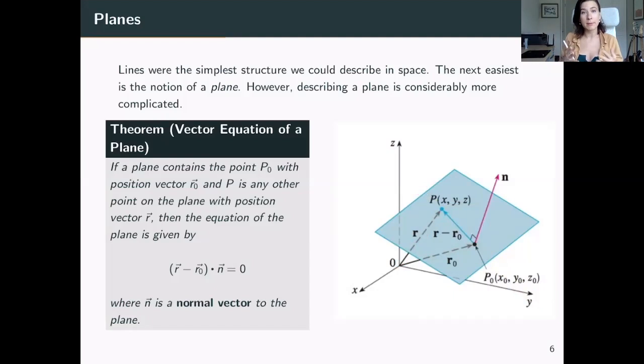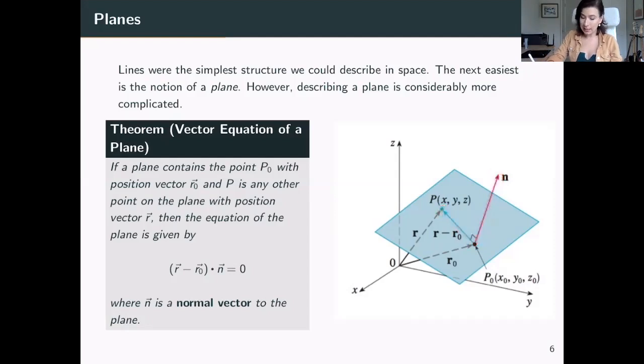The vector that is going to completely describe the direction of the plane is what we call the normal vector to the surface of the plane. The normal vector is always going to be perpendicular to the plane. So if we consider this vector, I know that my normal vector is going to be perpendicular to that vector.